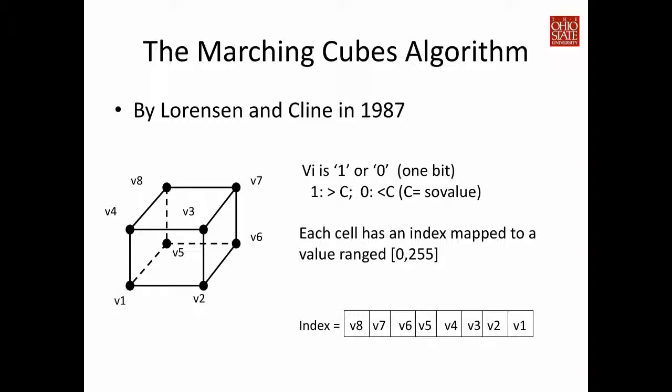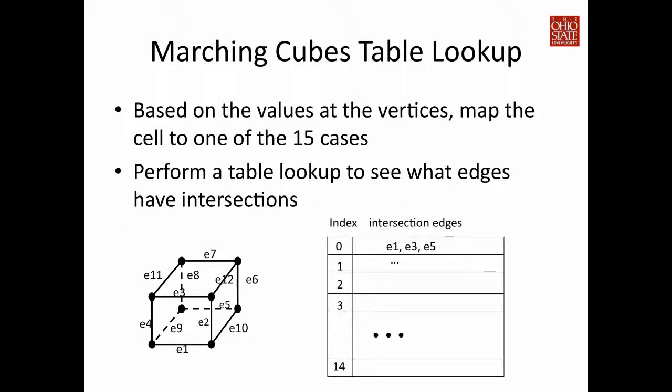With this 8-bit index number, every cell, based on the values defined at its vertices, will have an index mapping to a range between 0 and 255. From 0 to 255, you can create a table. The table shows the 15 different topological cases for each intersection.